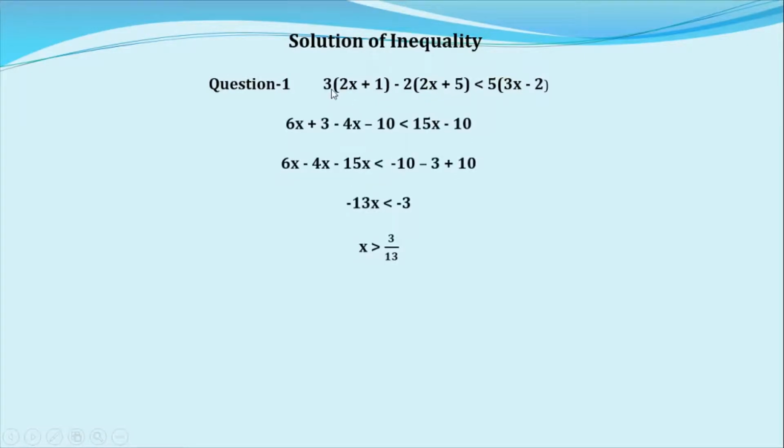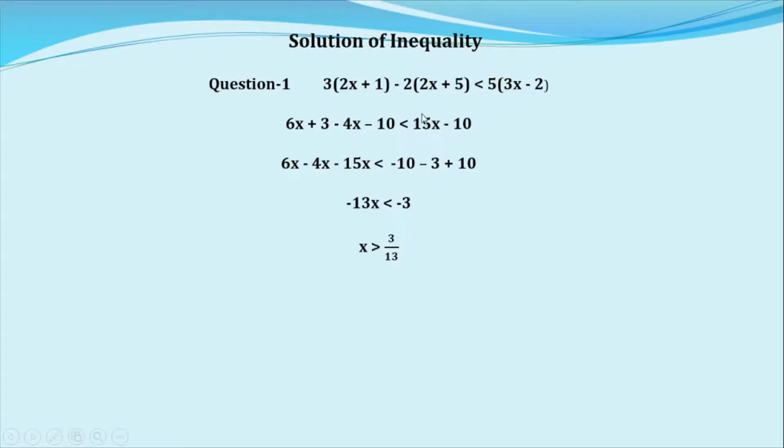Apply the distributive law of multiplication over addition. Open this bracket, multiply this 3 inside, so it will become 6x plus 3 into 1, 3, minus 2 into 2x, it will become minus 4x, and minus into plus, it will become minus 2 into 5, that is 10, less than 5 into 3x, 15x, minus 5 into 2, 10.